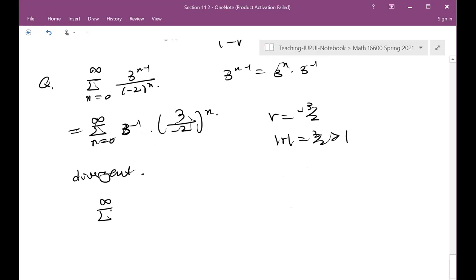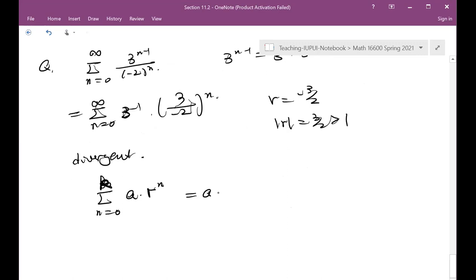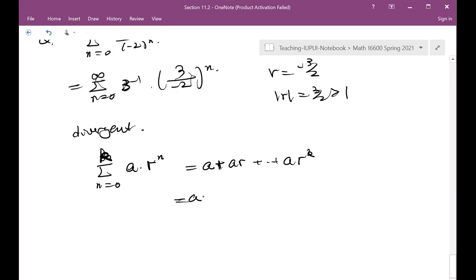So in general, here's the sum, n starts from 0, a r to the power n. And we know that you have a plus a r, all the way to a r to the power k. So you take the constant a out, then you get all the terms here, 1 plus r, all the way to r to the k.